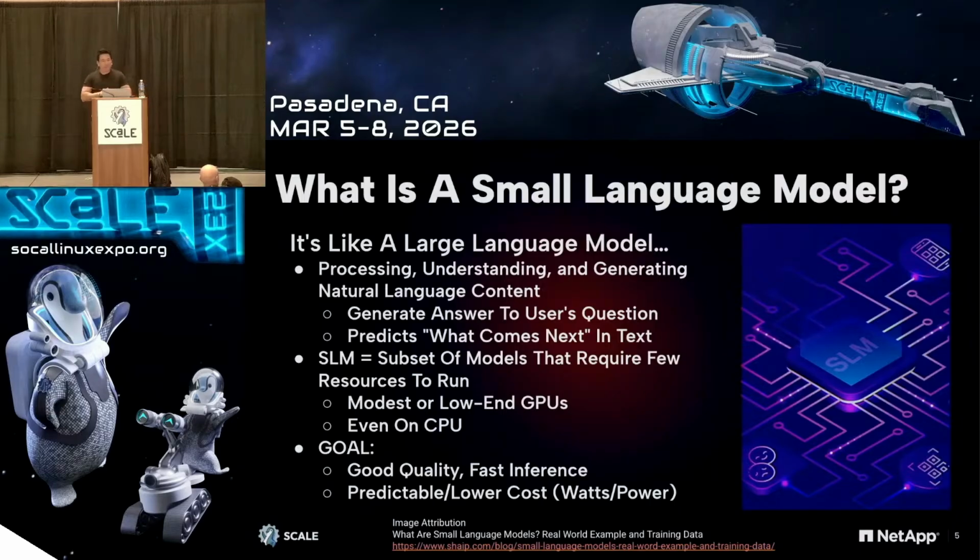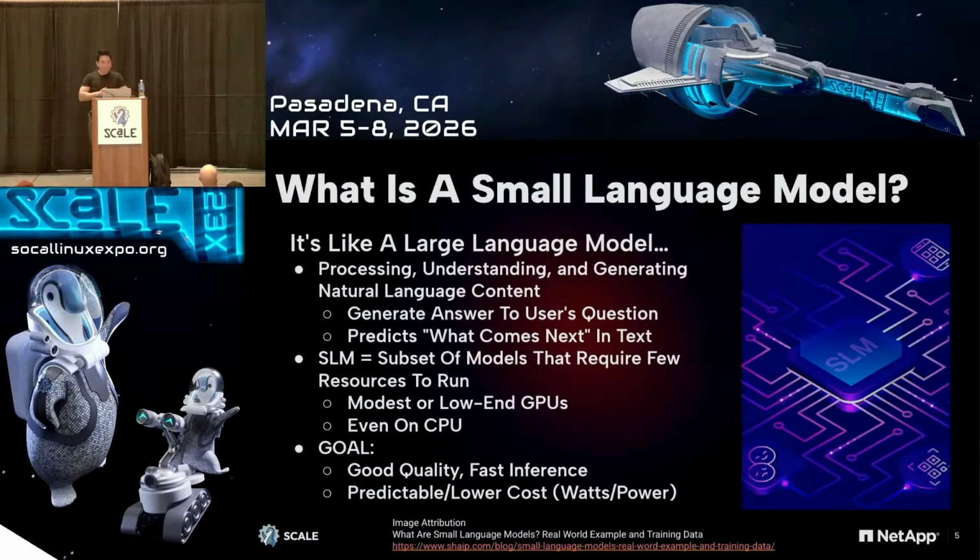The difference between the two is that a small language model requires fewer resources to run, and that's by intention. The idea is instead of having massive GPU farms serving up large language models, you want small language models to run on modest hardware and potentially even CPU. There are many CPUs out there that have acceleration engines to do floating point calculations where you don't need a GPU. They're mainly used for inference, but lower end GPU or even CPU.